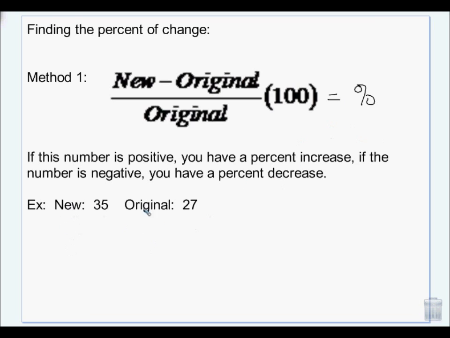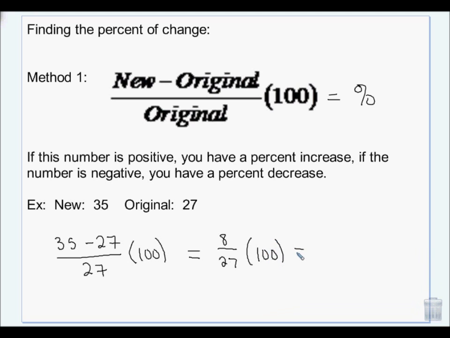So here's an example. I take the new, subtract the original, divide it by the original, and then multiply it by 100. So 35 minus 27 is 8, divided by 27 times 100.